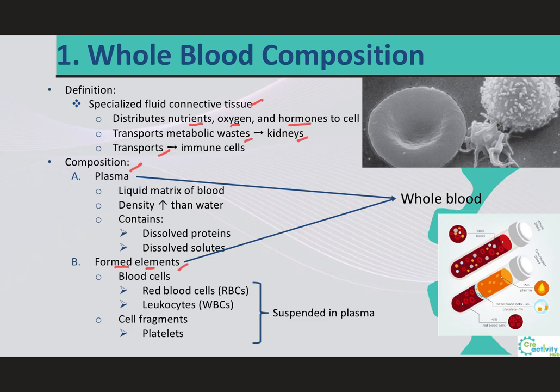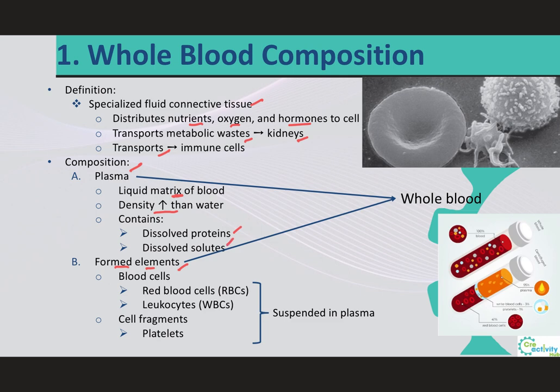It is the liquid part of the blood, therefore the liquid matrix, and this is why it is characterized as the fluid connective tissue. Its density is only slightly greater than that of water, and it will also contain dissolved proteins rather than that network of insoluble fibers that are found in loose connective tissues or cartilage, for example. And it will also contain numerous dissolved solutes.